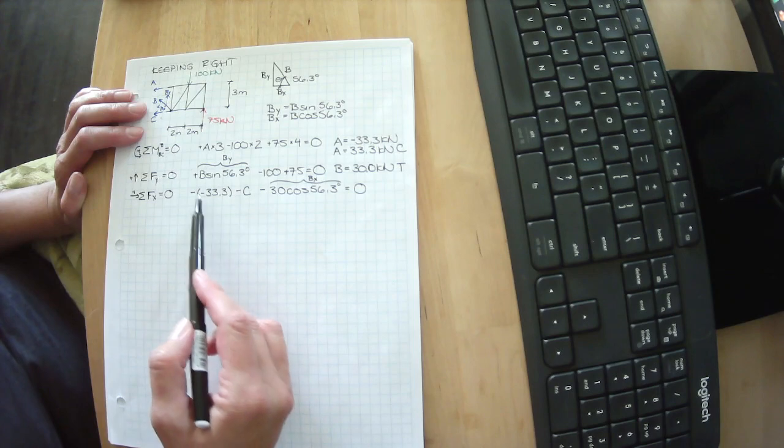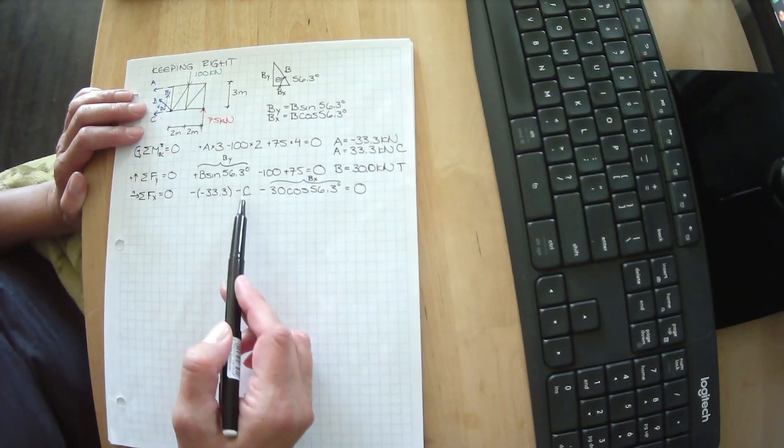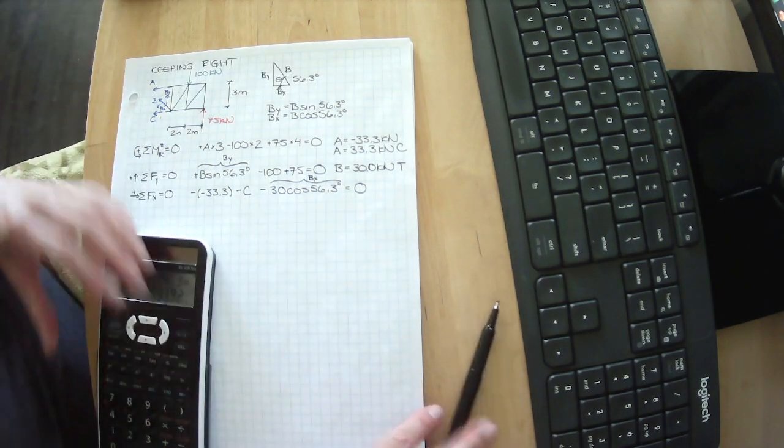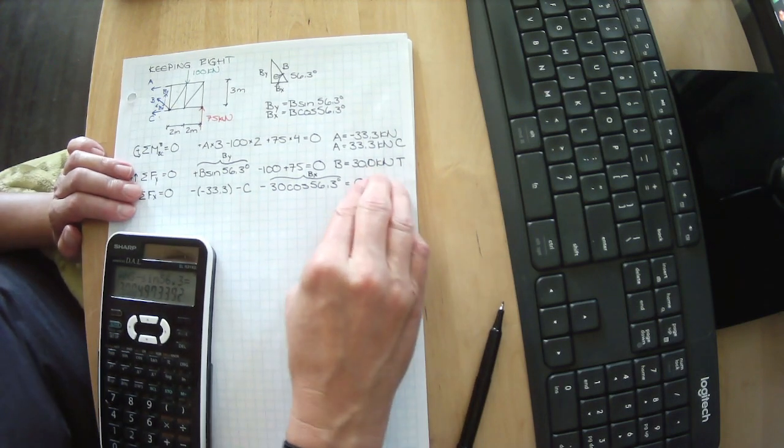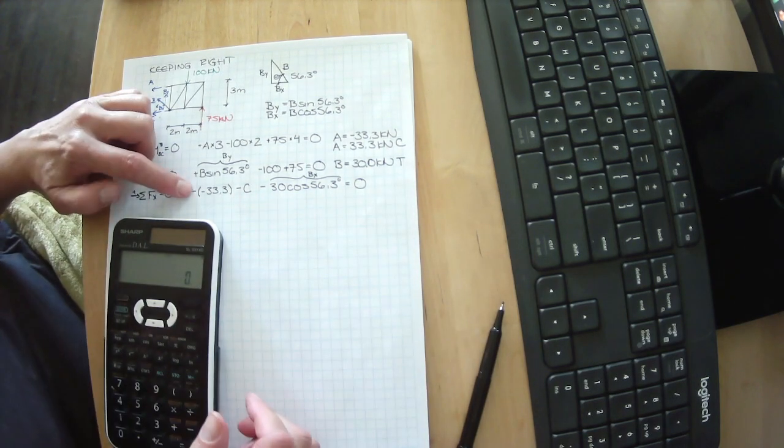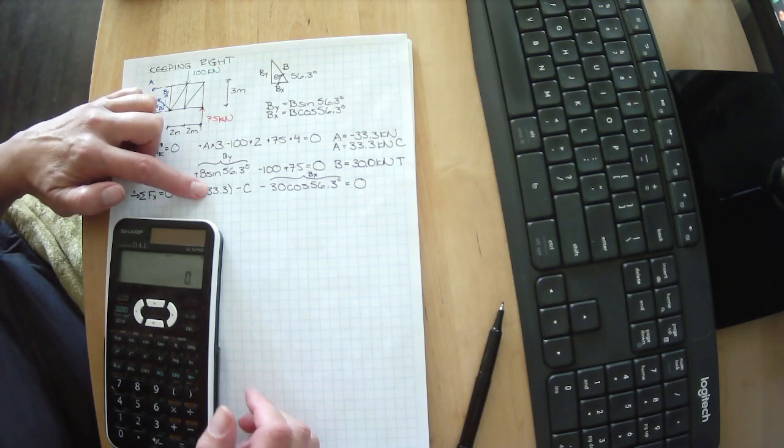As complicated as this looks, there's only one unknown here. Let's bring our C over to the other side, so it's positive. A negative times a negative is a positive.